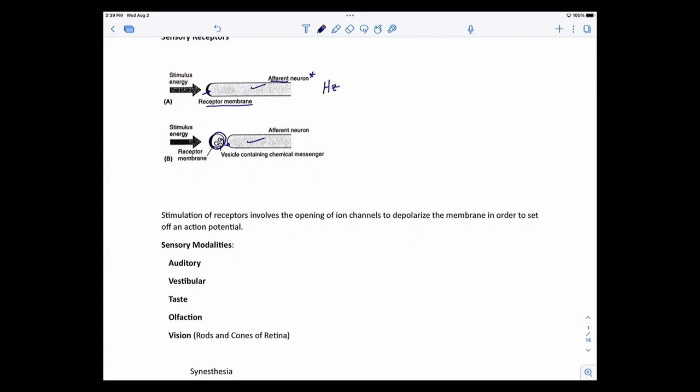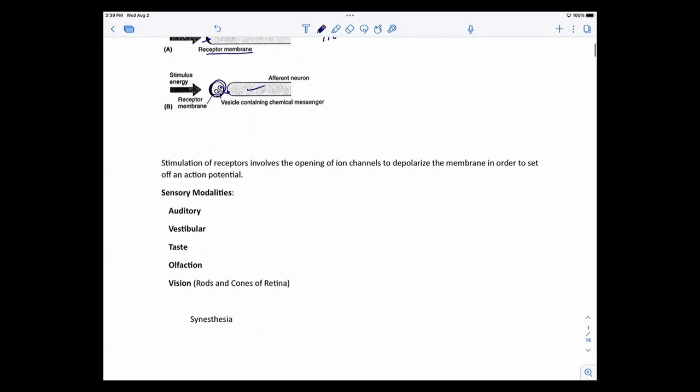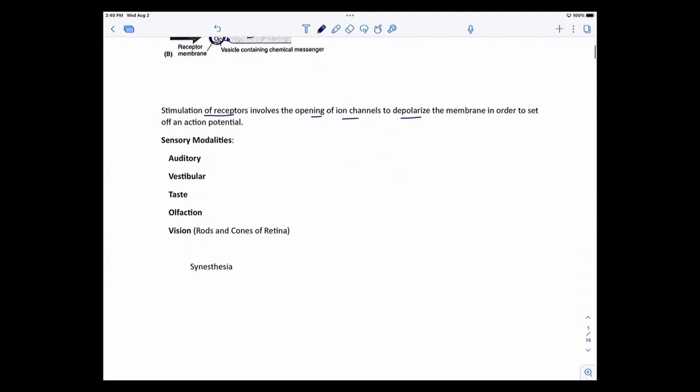So there are various ways this can work. But the stimulation of the receptors, regardless of the mechanism, is always going to involve the opening of ion channels to depolarize in order to set off a series of action potentials. So just going real briefly through here.